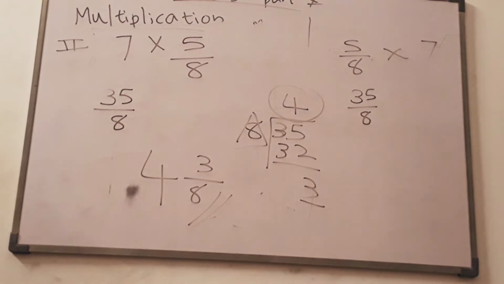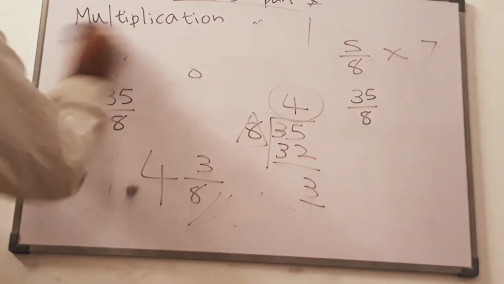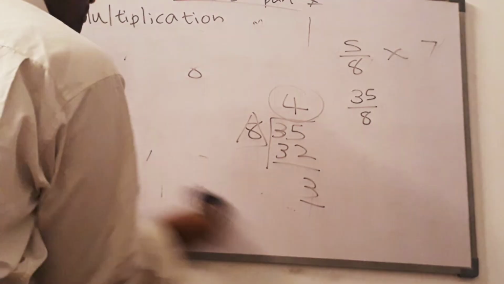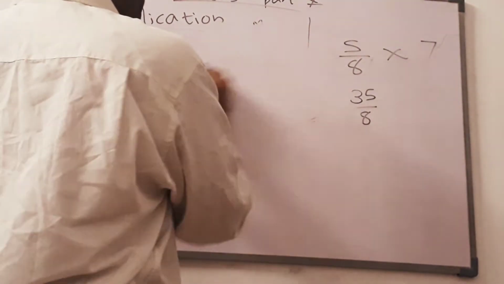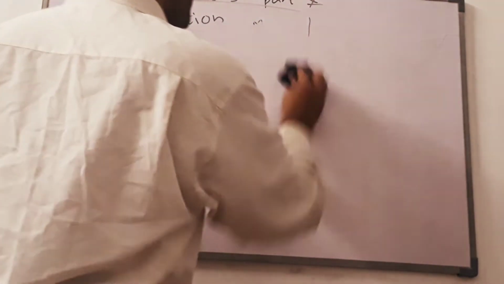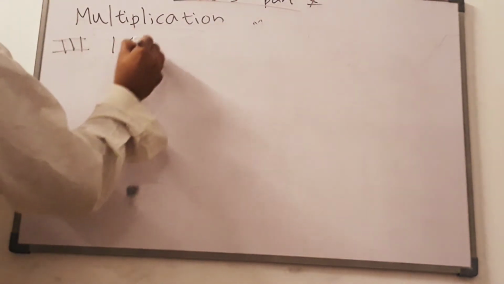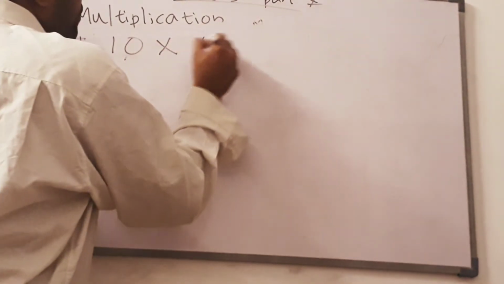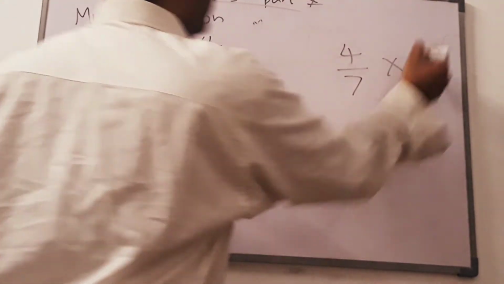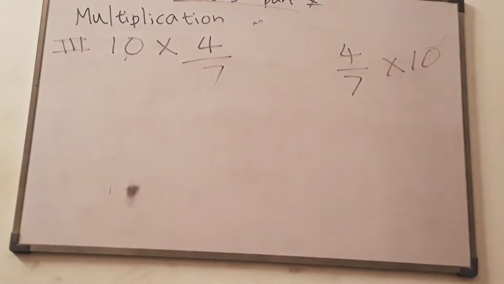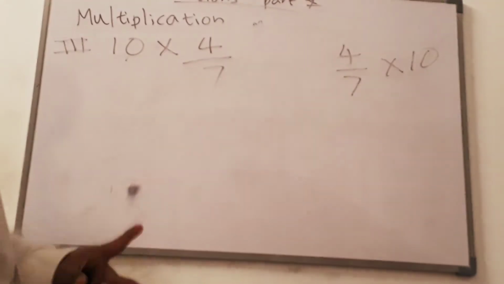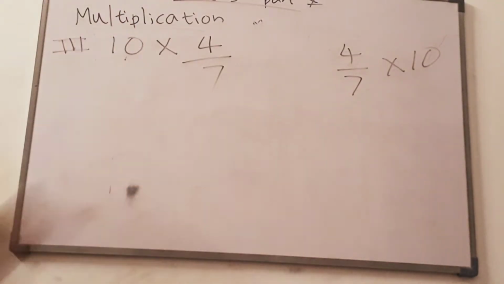Okay. Another example, third example: 10 times 4 over 7, or 4 over 7 times 10. 10 and 7 can't be simplified; there are no common factors between 10 and 7.